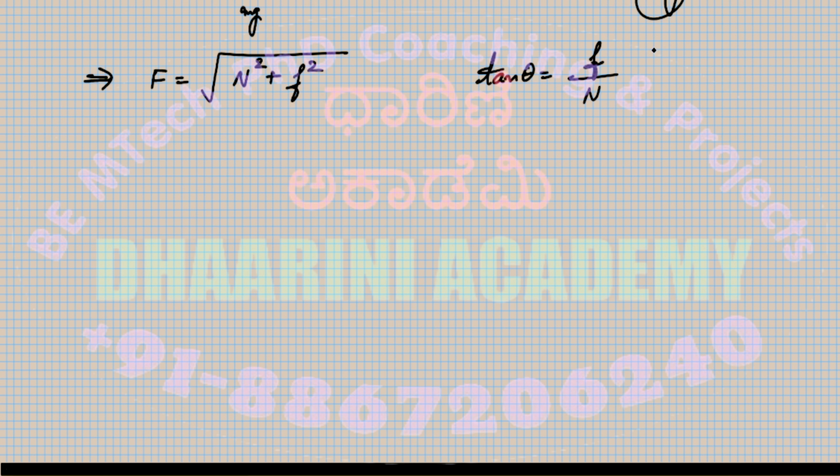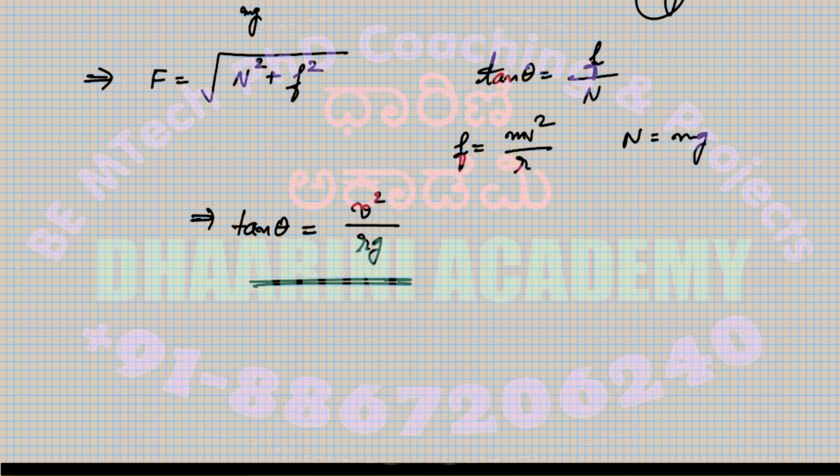In this case, f, which is the frictional force, is equal to, friction should match our net force, that is m v square divided by r. And N can be calculated as mass into g. So overall, my general equation will be tan theta is equal to, after substitution of m v square by r and mg, v square divided by r into g after simplification.